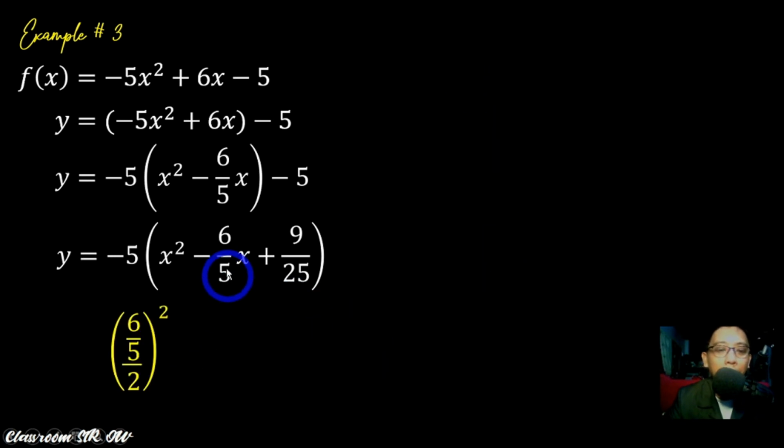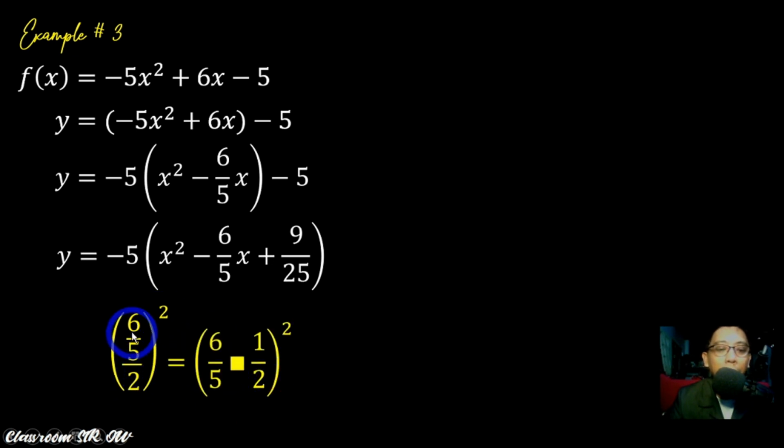Okay, so what we are going to do, I'll explain this step by step so that you will understand why 9 over 25. So what you're going to do is we will get the coefficient of the linear term, which is 6 over 5, divided by 2, squared.